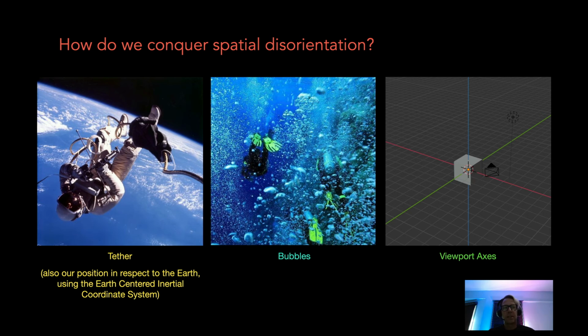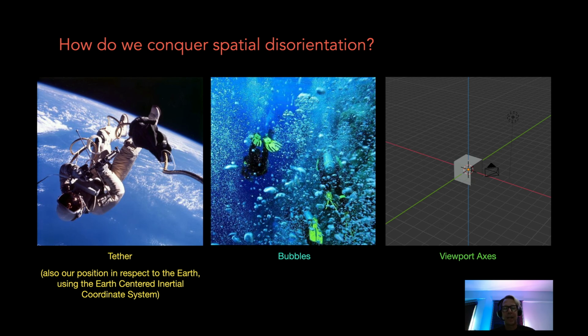And the question for this elite group that we're now a member of is how do we conquer spatial disorientation, right? Astronauts have a tether, so if they get hung up in space, they can use the tether that connects them to find their way back to the spacecraft. Or, alternately, maybe they need to understand whether they are upside down or right side up. The best way to think about that is to look at the Earth, right? An astronaut can look at the Earth and say, is that the North Pole up there that I see at the top?